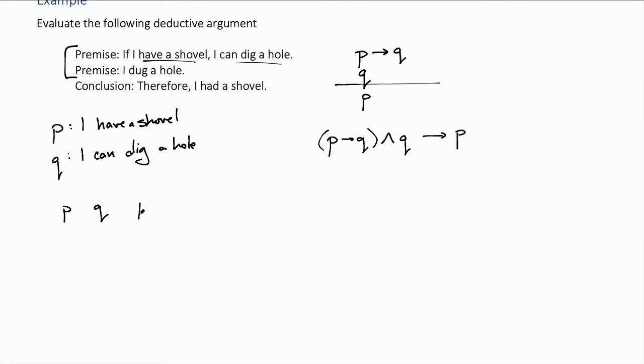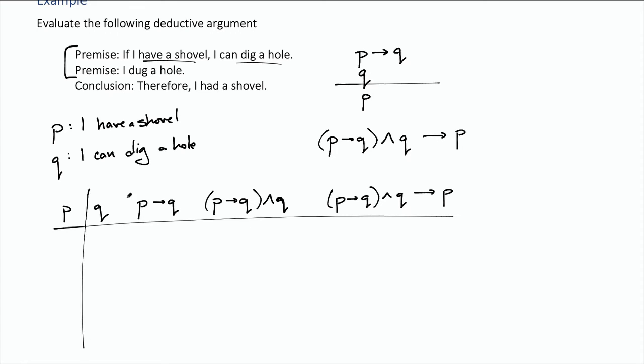We need P implies Q. And then we need P implies Q and Q. That's this statement. And then we need that implies P. So those are going to be the columns of our truth table.